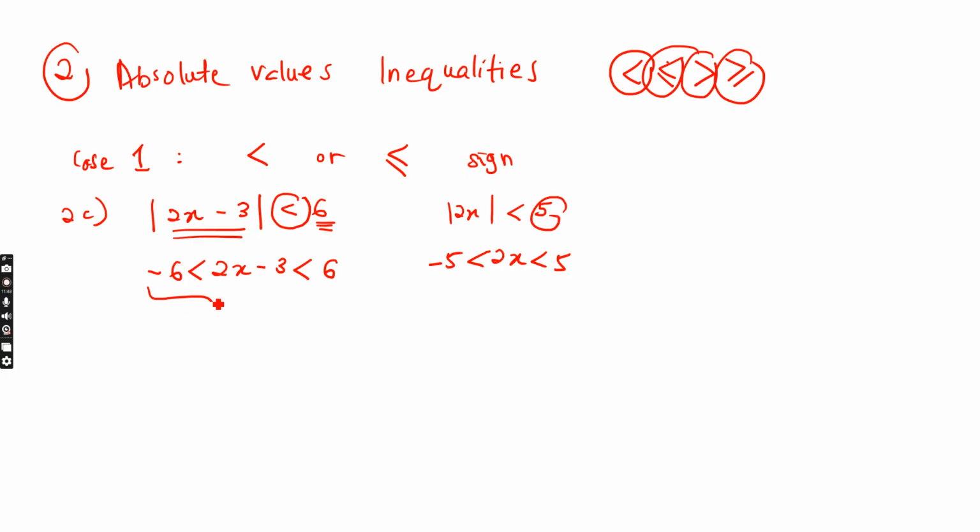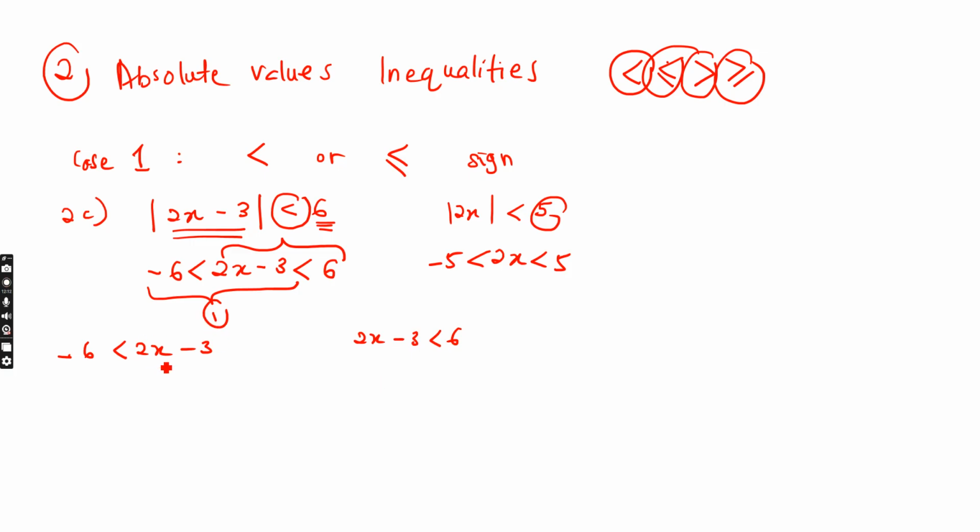I solve the first part, and after I solve this one, I will use the other one. So I will separate this first, negative 6 less than 2x minus 3, and then another one is 2x minus 3 less than 6. So I solve like this, separately, one by one.